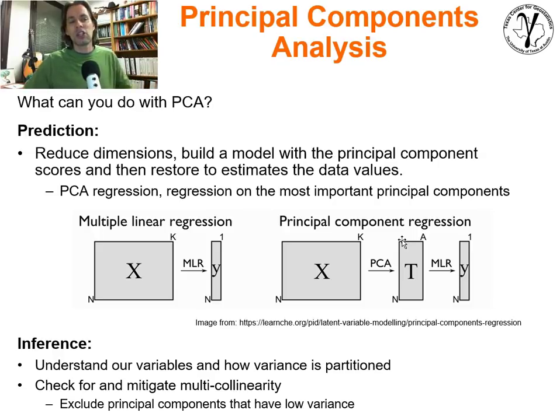We've reduced the dimensionality. This should be p right here, where p is less than k. So we're only using the components that describe the most amount of variance. Then we could do multilinear regression using those component scores that describe the most variance with the lowest dimensionality. That's great.